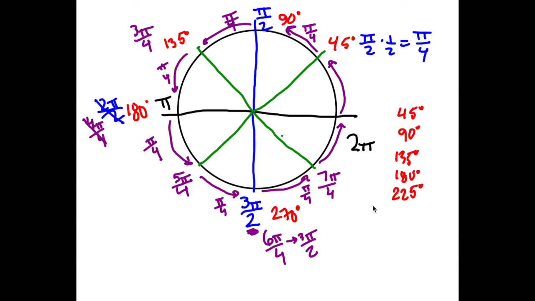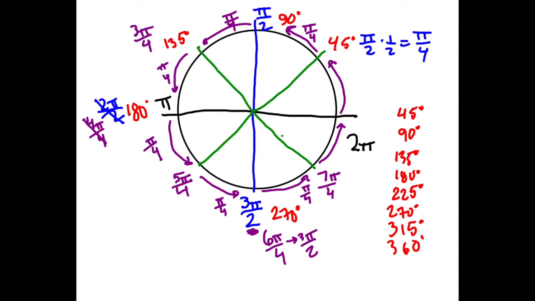And then it goes down to 270. And then add another 45 to this one right here. That's 315 degrees. And then that takes us all the way back to 360 when we add another 45.